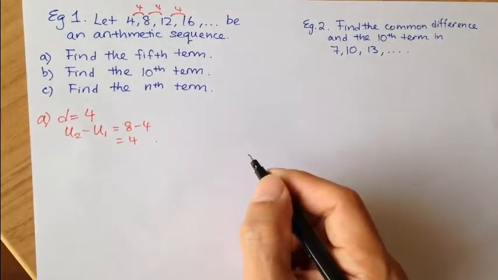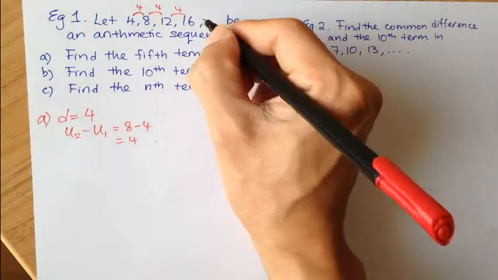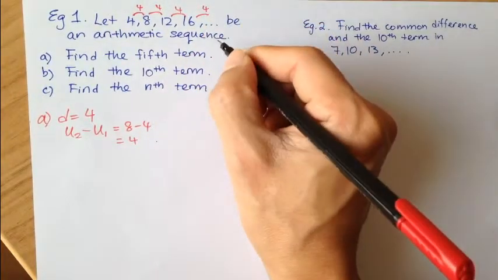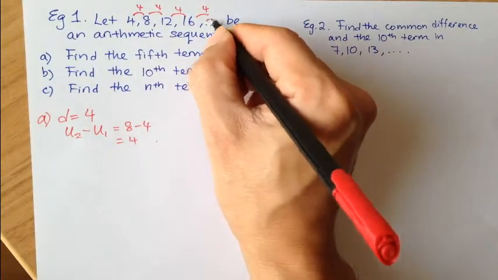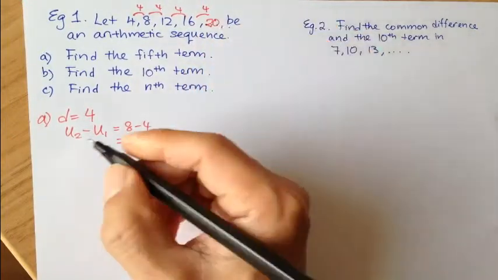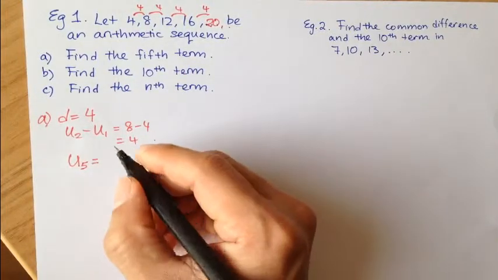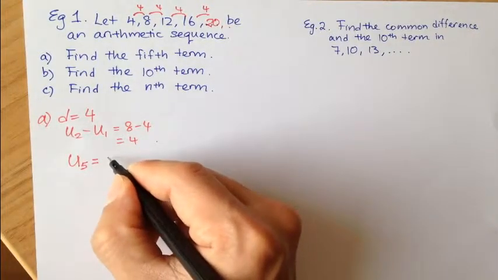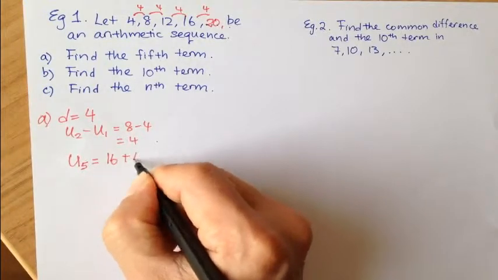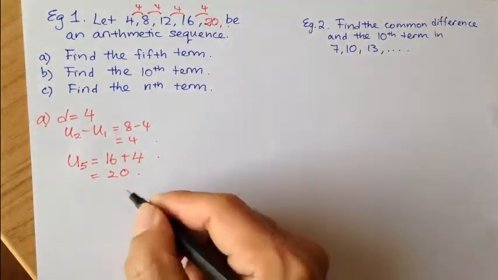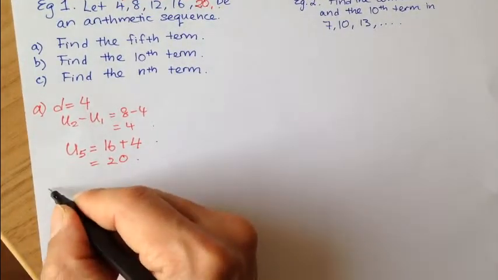What is the fifth term? Then in that case it is easy. For the fifth term, you have to add 4 again. If you add 4 to 16, I should get 20. So according to this, my U5 is going to be 16 plus 4. So that will be 20. That's the fifth term.